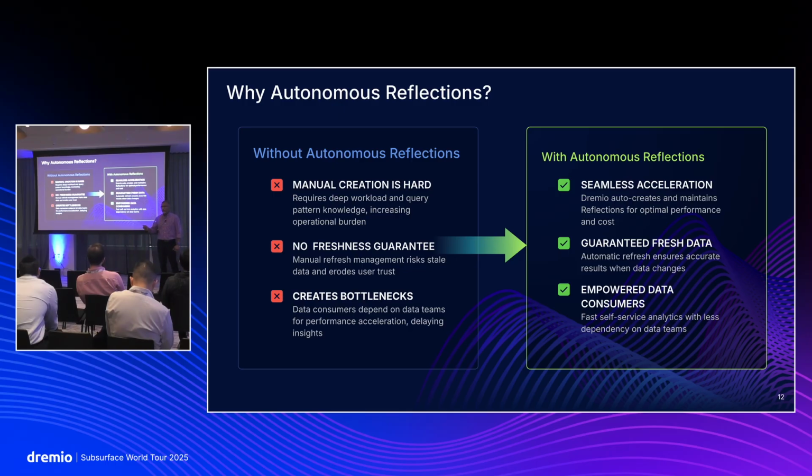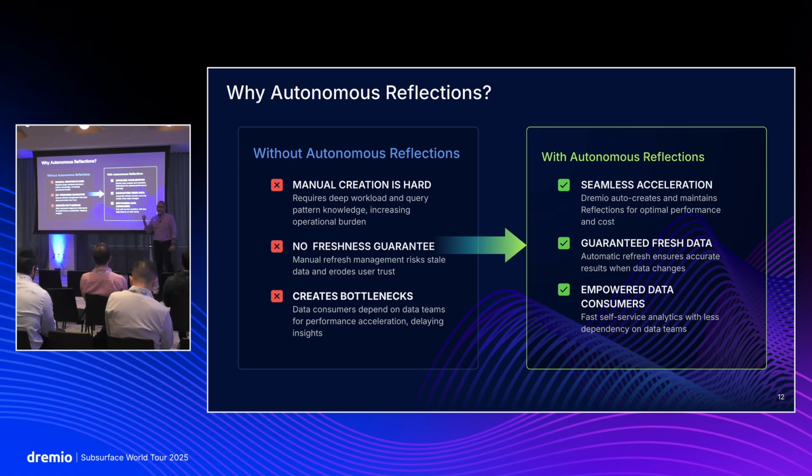Not just updated, but we also ensure that you will always get the same result with or without reflection by only leveraging reflections that are up to date or that are in sync with their underlying data. So we are creating reflections, we are updating them, and we are also guaranteeing freshness by only leveraging reflections that are fully up to date, right?